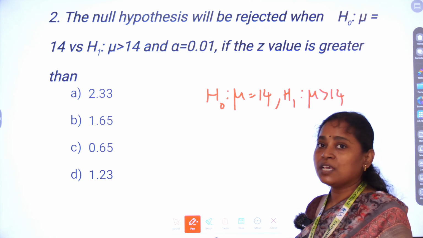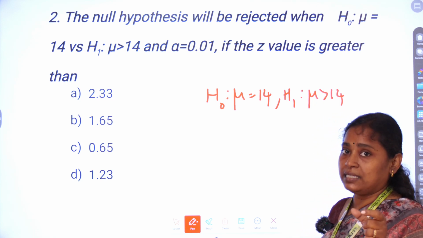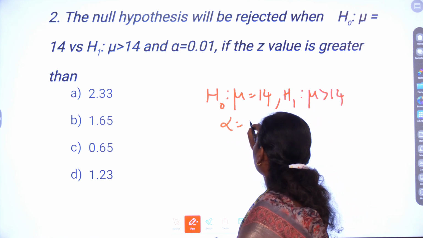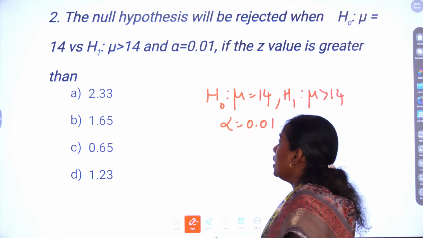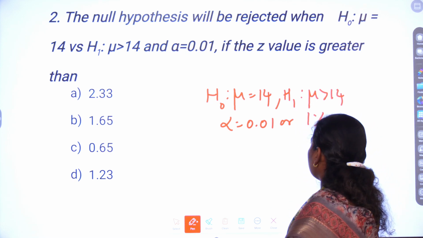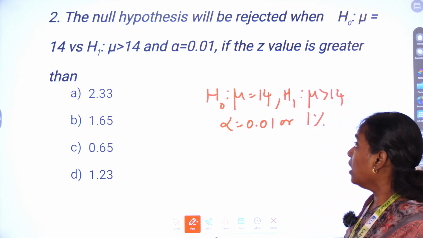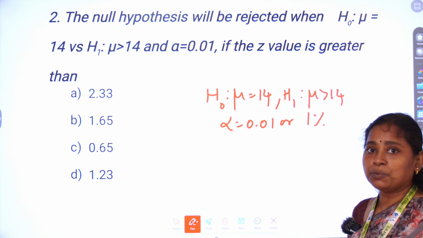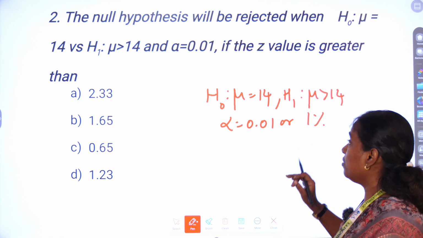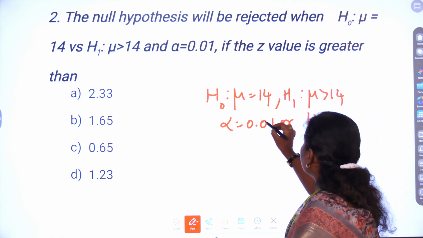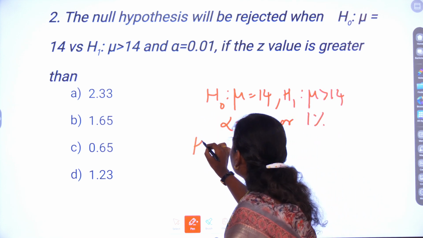Now the next step is to select the criteria for a decision. The criteria is also given to us, that is the level of significance. It is 0.01, which means it is 1%. These are the information given to us. Now they are asking when H naught is rejected.